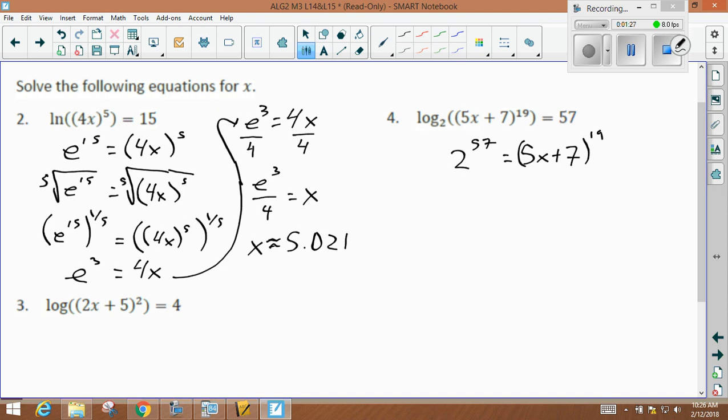It turns out that both 19 and 57 are divisible by 19. So what I'm going to do is take the 19th root of both sides.